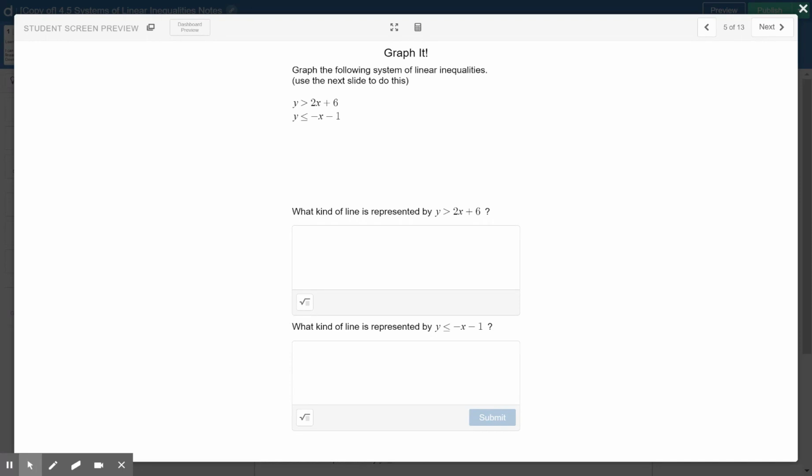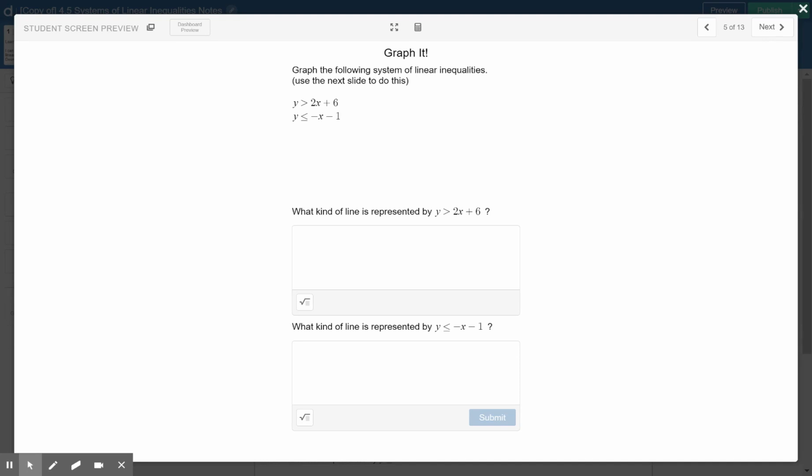We have the less than symbol, or the less than or equal to symbol, so we'll shade below. For this lesson, Desmos is going to do that for you. So if you remember that greater than is above and less than or less than or equal to is below, that's fine. If not, let Desmos do the work for you.